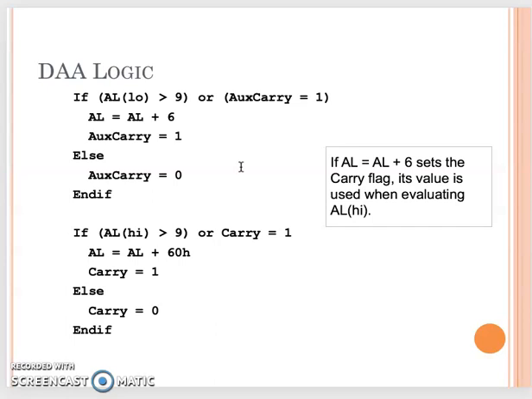In hex, every 16 we do the carryover. So the DAA just needs to readjust that 16 carryover back to the decimal system. So that's the logic about the DAA. If you want to implement the DAA instruction, that's the logic you need to use.